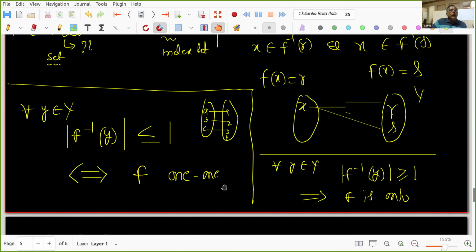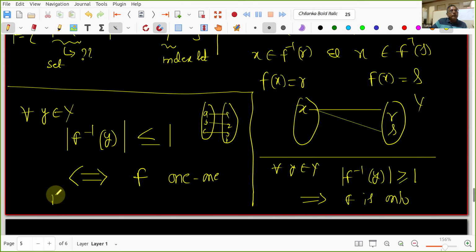What happens if my function is bijective? Then, Harshita, the cardinality will be exactly 1, right? Bijective means 1-1 as well as onto. For 1-1, we need the cardinality of f inverse of y to be less than or equal to 1. For onto, we need it to be greater than or equal to 1.